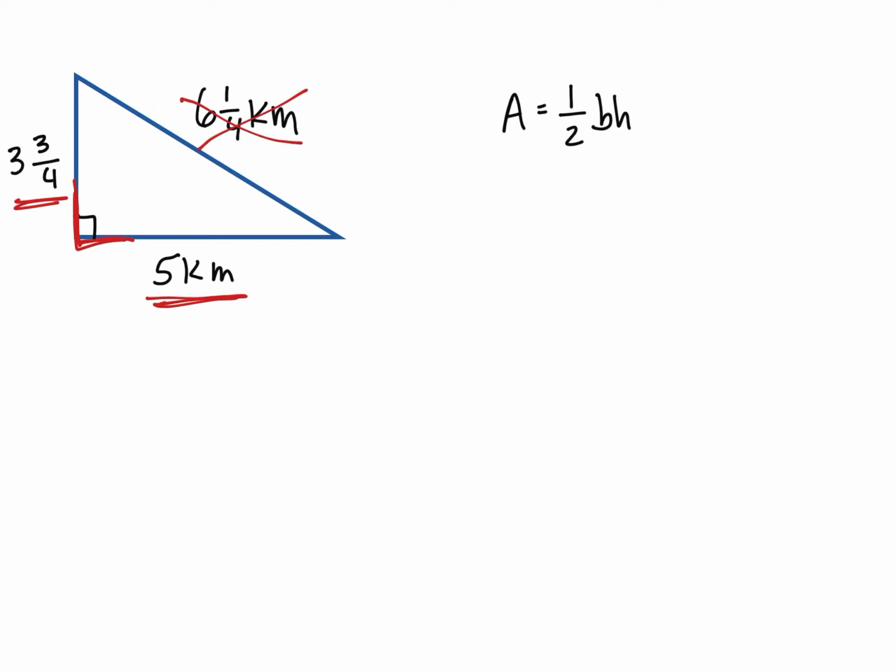The easiest way to do this is to change this mixed number to an improper fraction. So we are going to say 3 times 4 is 12, plus 3 more is 15/4. And then times that by 5, but we can rewrite that as 5/1.